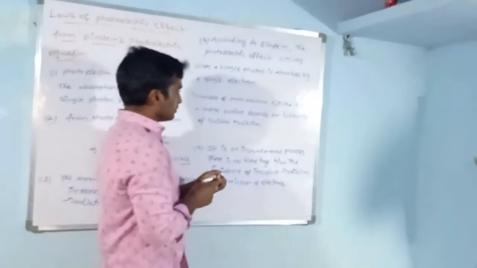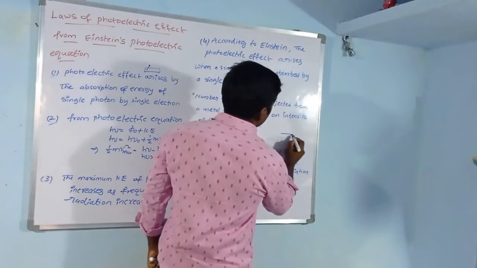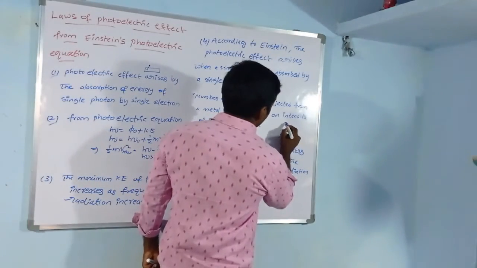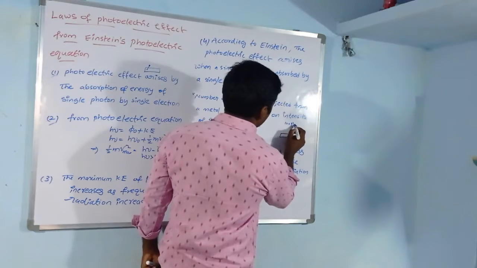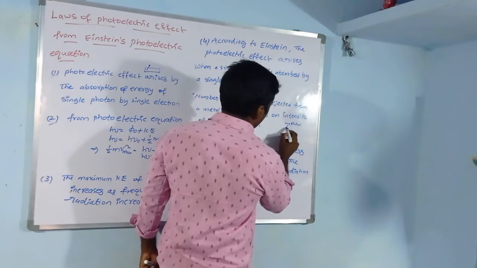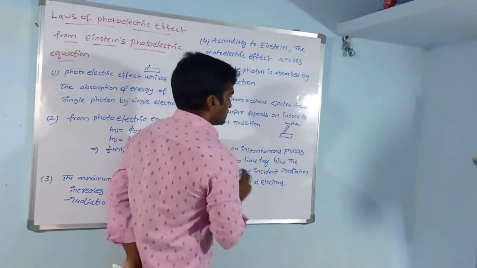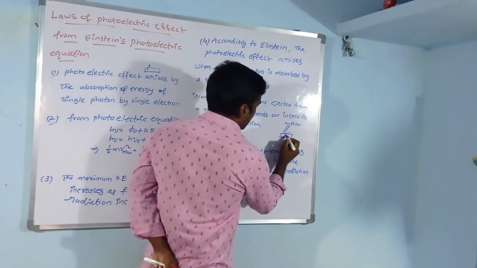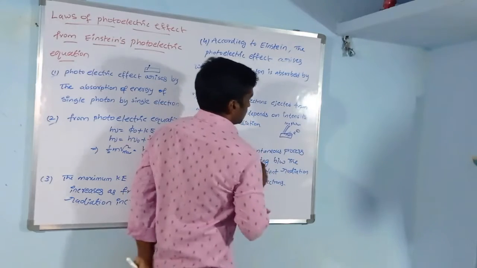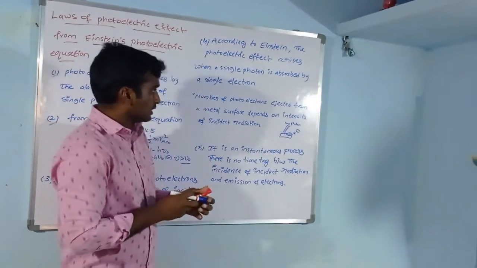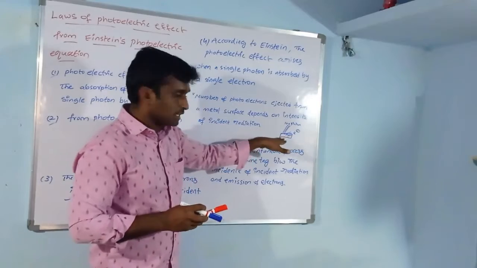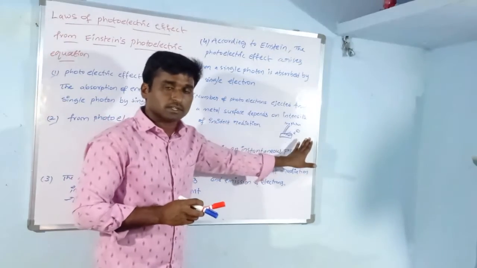Okay, suppose this is a metal surface, and 100 photons are falling on the metal surface. In this case, only 100 electrons are emitted. If 200 photons are incident on the metal surface, 200 electrons are emitted.